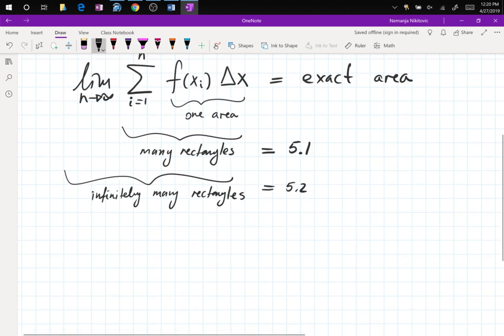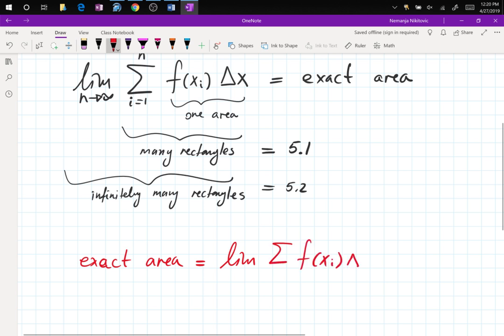So now I get to write that the exact area is equal to the limit, n goes to infinity, of the summation of f of xi delta x, where i goes from 1 to n.